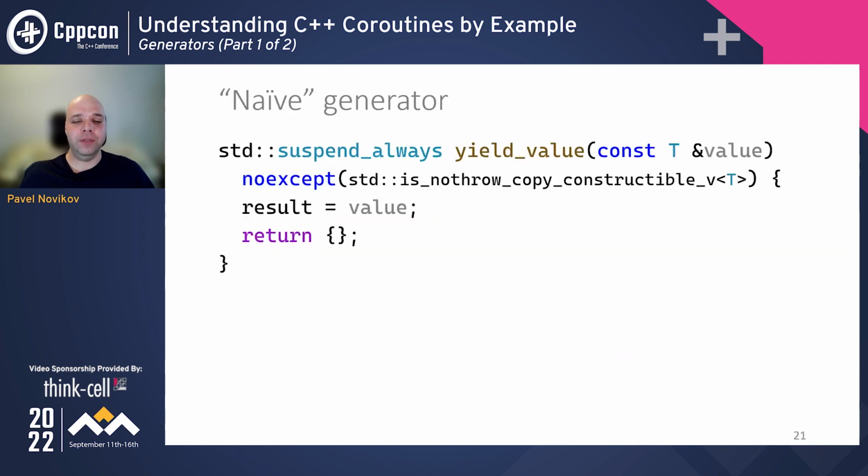The next is yield value. You can see the noexcept specifications here and elsewhere. I put it here just for completeness. You can plainly ignore it.